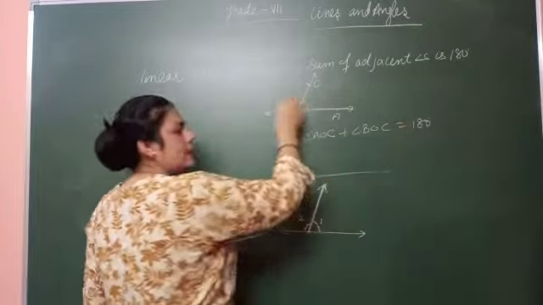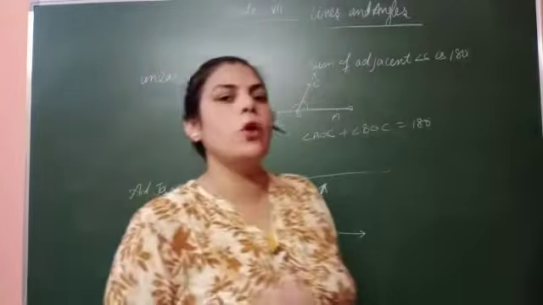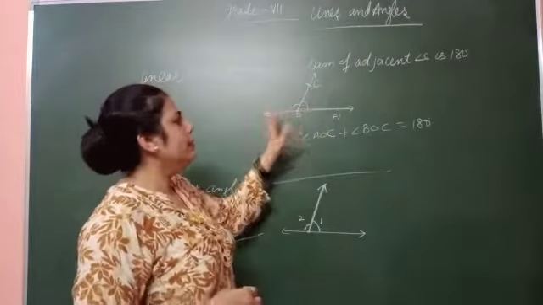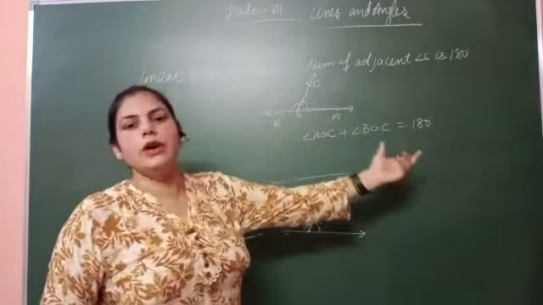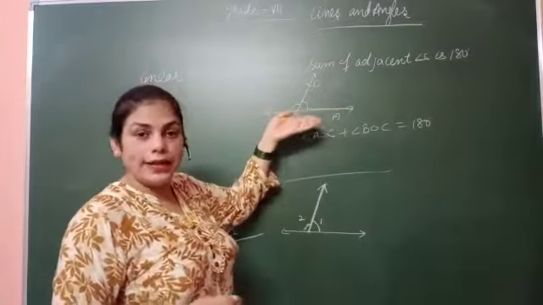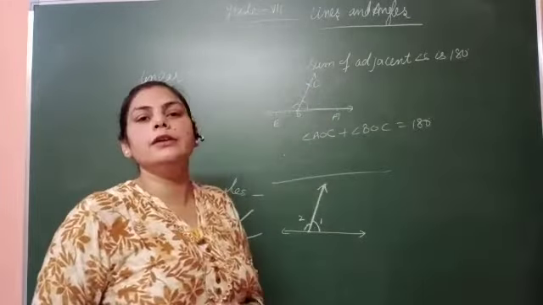These are adjacent angles: one arm is common, the vertex is common, and their sum is 180 degrees. They form a straight line, so they are called linear pair angles.